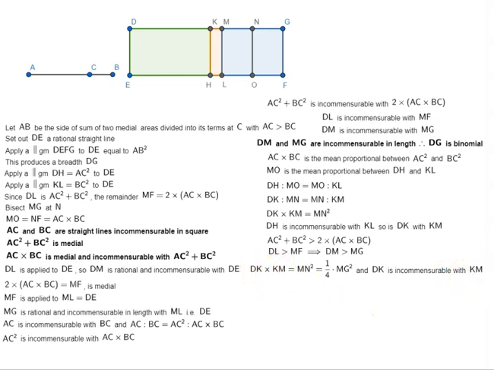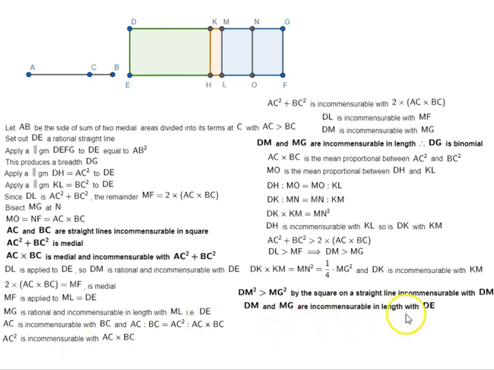What this means is that DM square is greater than MG square by the square on a straight line incommensurable with DM, and DM and MG are incommensurable in length with DE. So we can say that DG is a sixth binomial straight line.